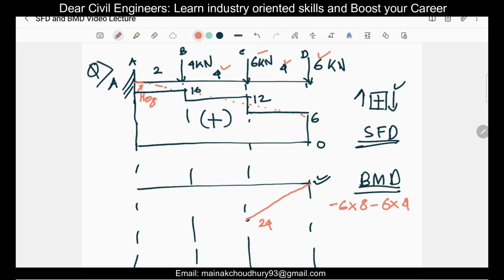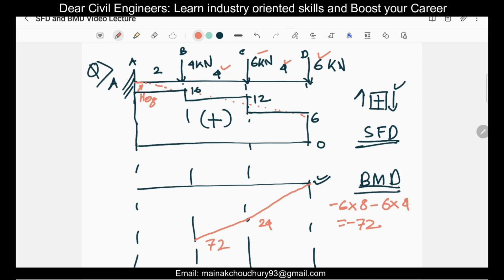You should keep a calculator with you for calculating this, and this sum will be equal to minus 72.